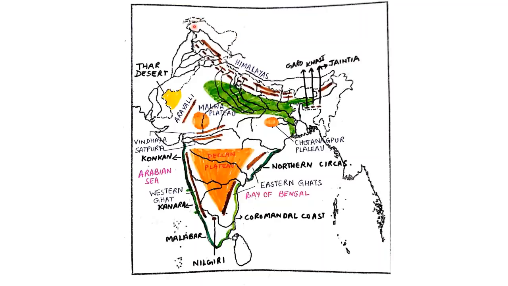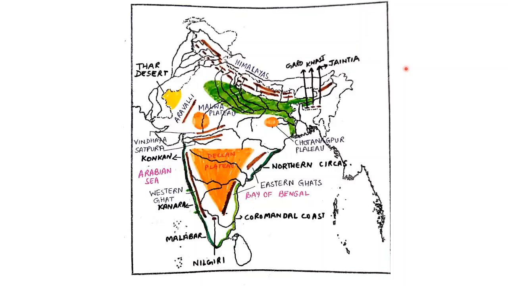This one is not having Karakoram, but the previous map had Aravalli, Vindhyas, Satpuras, Western Ghats, Eastern Ghats, and Nilgiri Hills. You must have marked it by now. And then you have the Garo, Khasi, and Jaintia hills. Don't write hills, Garo, Khasi, and Jaintia only is enough.